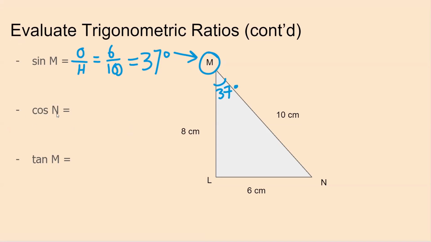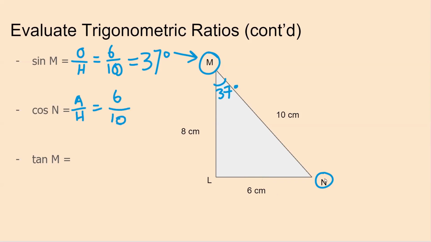Next, we want to find angle n using the cosine ratio. So angle n is over here. The cosine ratio is adjacent over hypotenuse, which is just the adjacent side, which is 6 centimeters, divided by the hypotenuse, which is 10 centimeters.